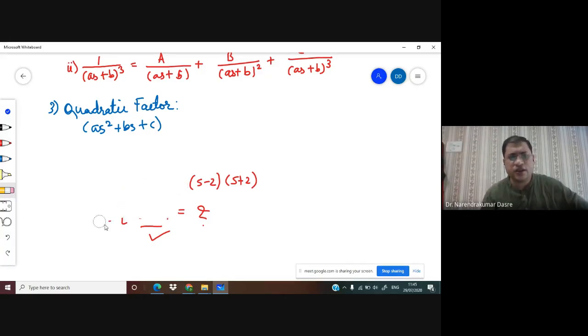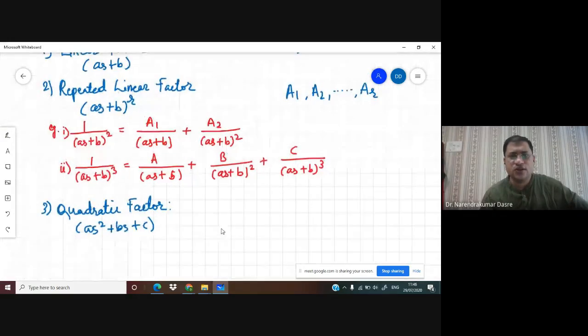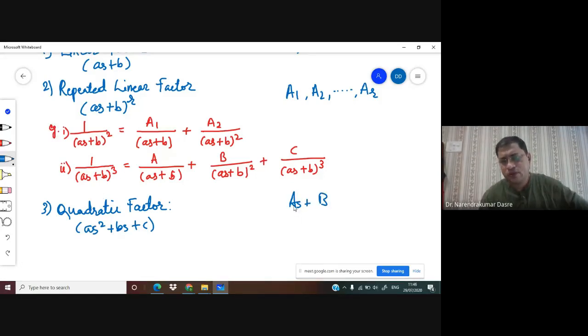Okay, so if it is reducible or we can find the factorization, then it will be treated as a product of linear terms. So here I will have this quadratic factor. And now what will be the numerator chosen for this? Okay, so the numerator chosen for this will be as + b.